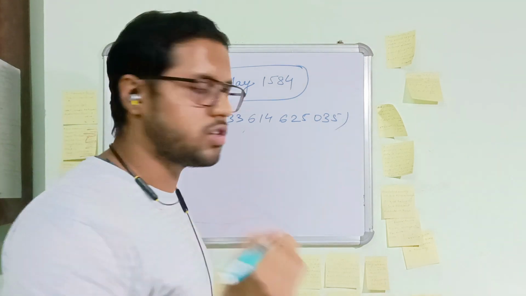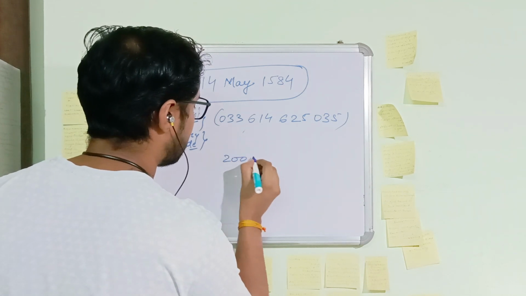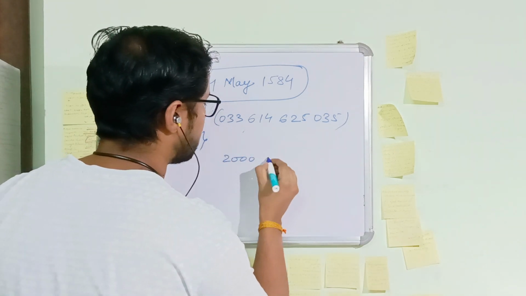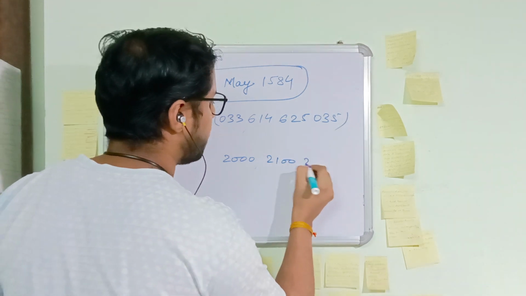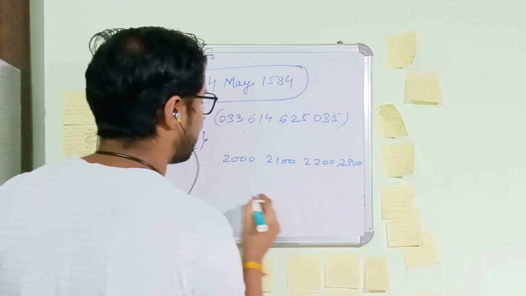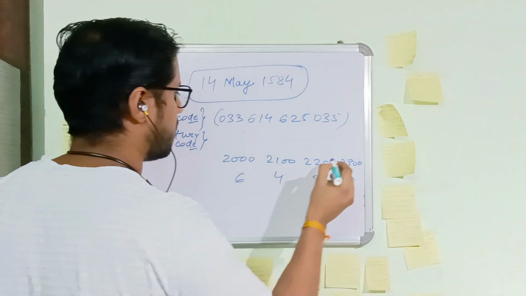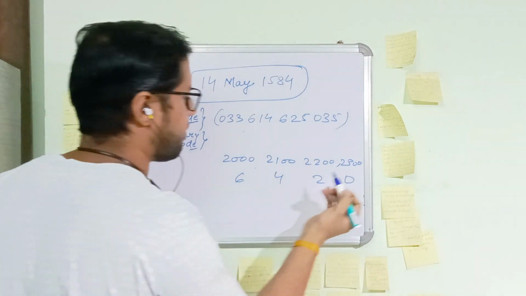And there is a century code also. 2000, 2100, 2200, 2300 have codes 6, 4, 2, 0.